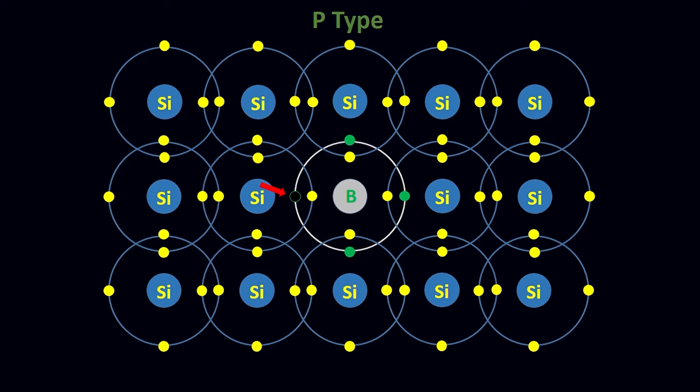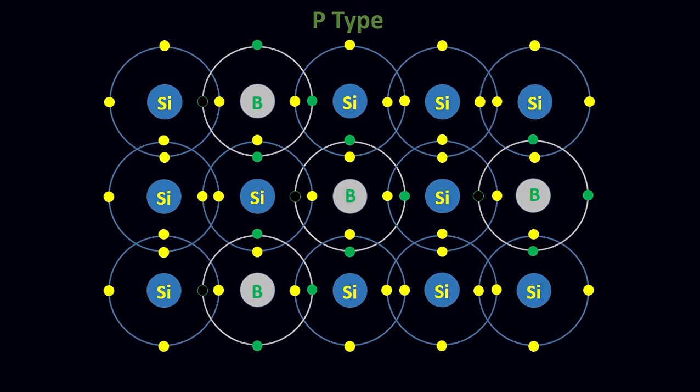These atoms are also called acceptor atoms. Thus, by adding trivalent impurity, we increase the number of holes in the semiconductor, which increases the conductivity. In P-type semiconductors, holes are in majority and are called majority carriers, while electrons are called minority carriers. Boron, indium and gallium are examples of trivalent atoms.